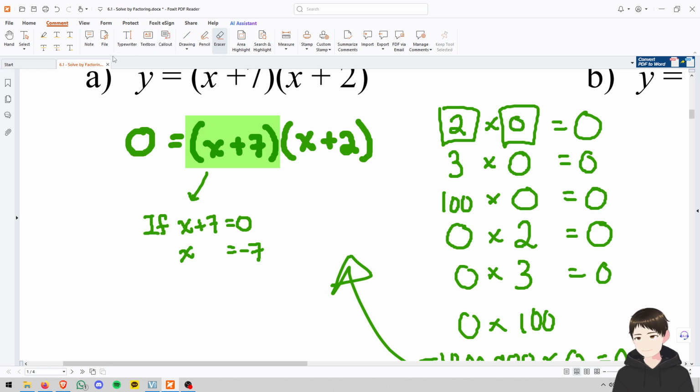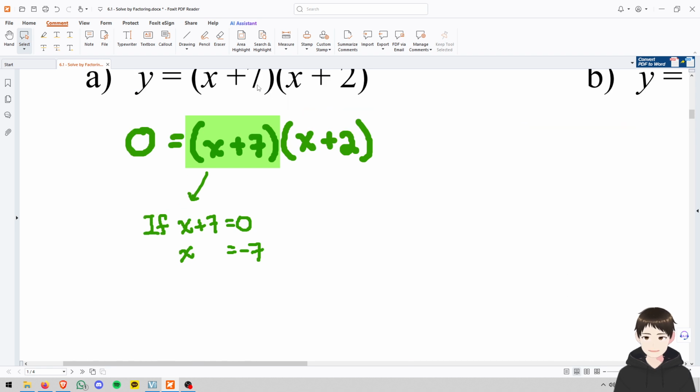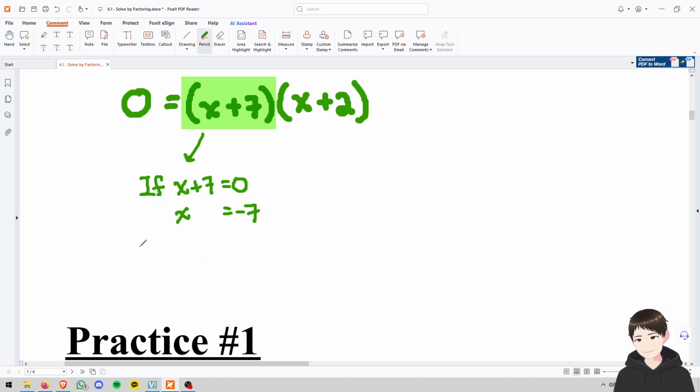So take a look. Let me erase this because it's sort of getting in the way. All right. If x is -7, guess what happens? I'm going to substitute x in. 0 equals -7 plus 7 and -7 plus 2.